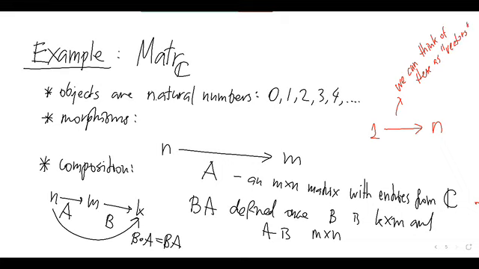If we think of these as vectors, then matrix multiplication does become linear. They do become linear maps, because if I take a matrix A and multiply it by a vector K, the result will be the matrix AK, which will be exactly the vector I get by applying this linear map to the vector K.